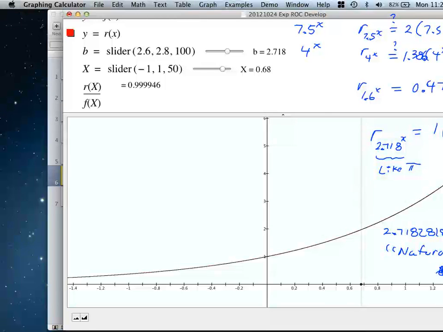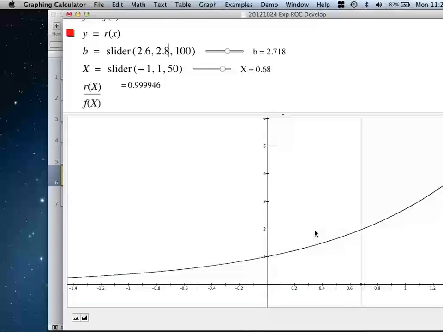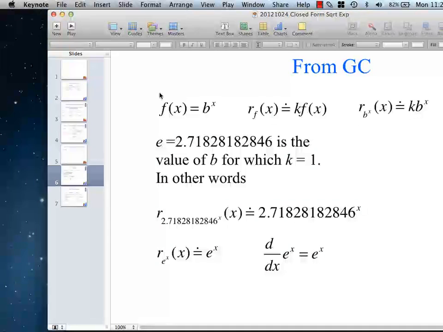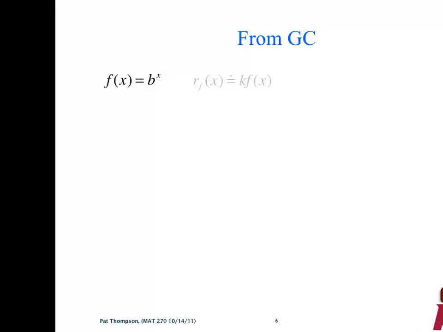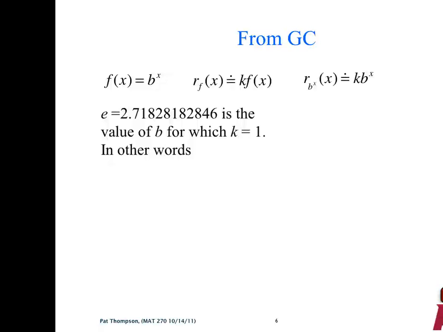All right, so let's summarize that. This was our hypothesis, and we saw that it was true, that the rate function is a constant times the original function. And then we found that the particular function where the constant is 1 is for the base e, this number like pi.